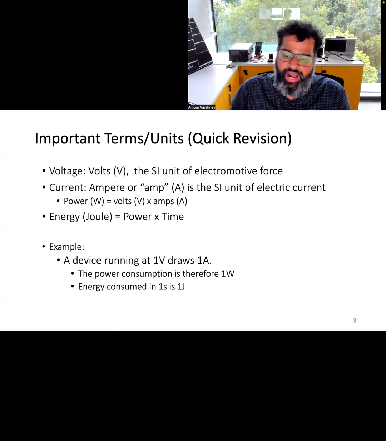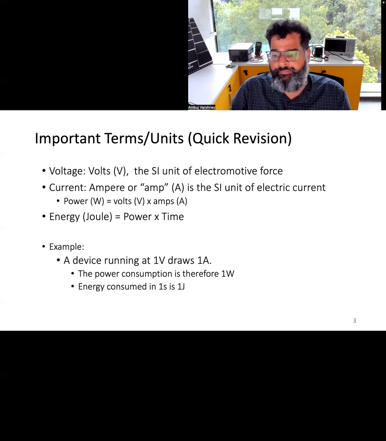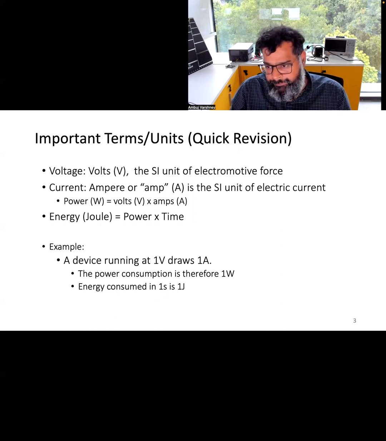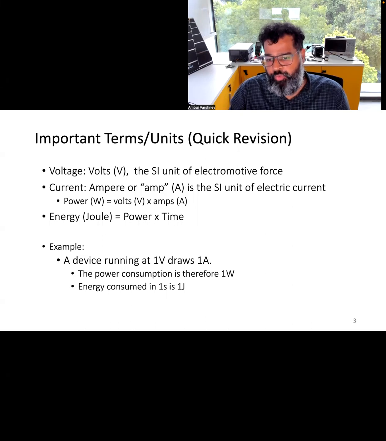To understand how much energy a device consumed, we need to know two important quantities: power and energy. Power is the rate of electrical work that is done by a device or a circuit, and it is calculated by multiplying voltage and current, and it is expressed in the unit of watts, which is the SI unit for power.